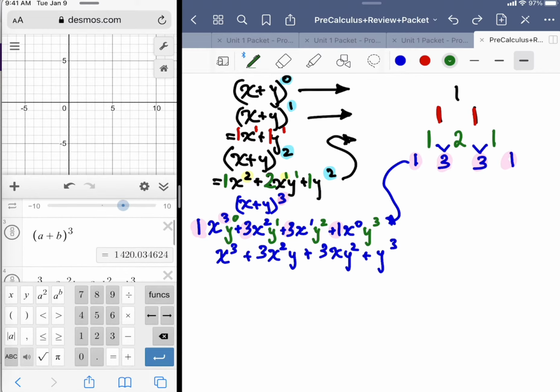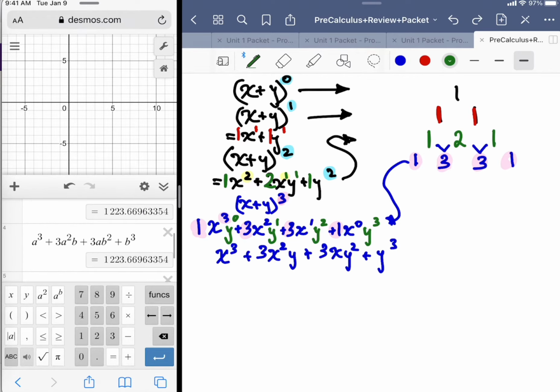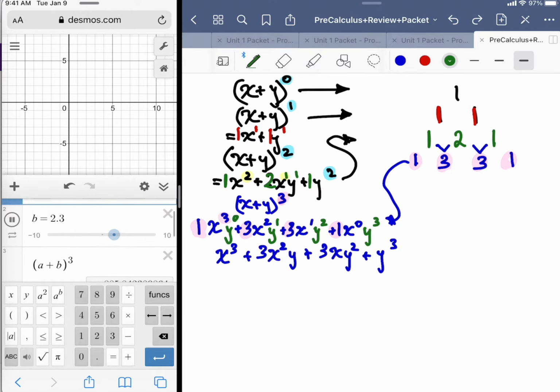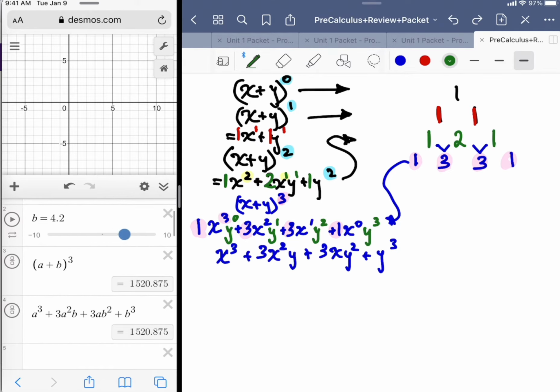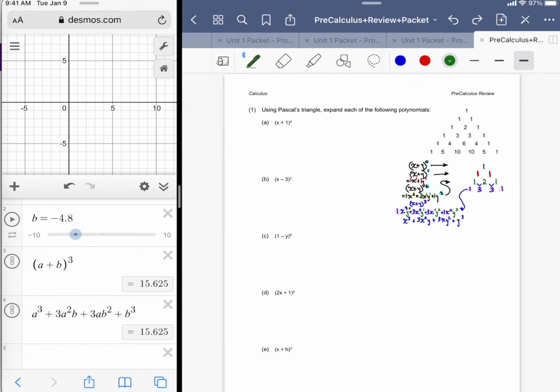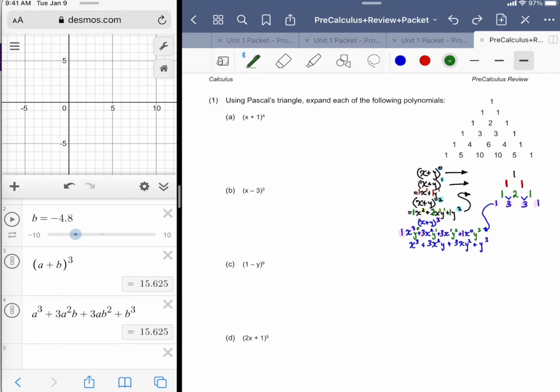It's still going pretty fast, but it might be a little easier to see. And you don't have to animate it. Just slide the sliders and see that they give the same result every time. So the question becomes, how do we translate this to the questions that you see on the paper?